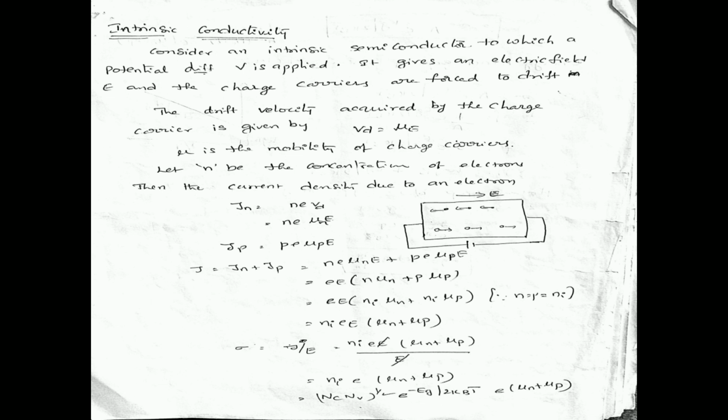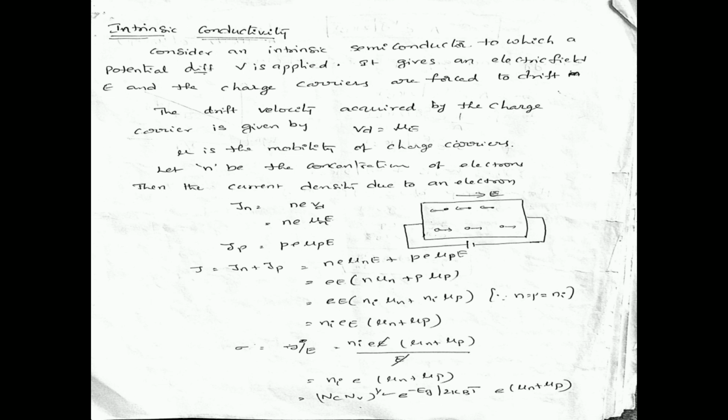This is the formula for current density. Already you know Jn is equal to n e Vd, and in place of the drift velocity Vd you write mu n E. Here mu n is the mobility of the electron charge carriers.